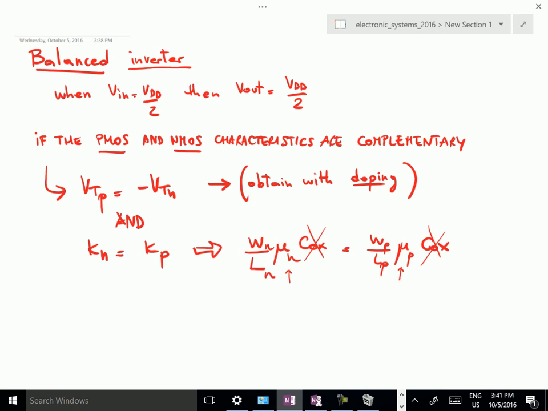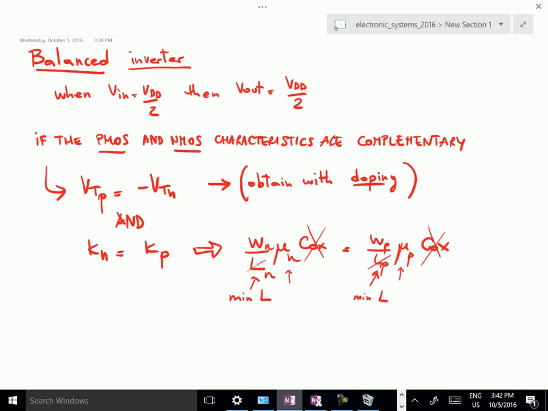Mu n and mu p are the electron and hole mobility, so they are material properties. The channel length is typically the minimum achievable in the given technology, so it's not a design degree of freedom. In digital logic, one always chooses the minimum channel length because the minimum channel length corresponds to the maximum operating frequency and to the minimum power consumption. So it's important to keep the minimum length for the PMOS and for the NMOS.